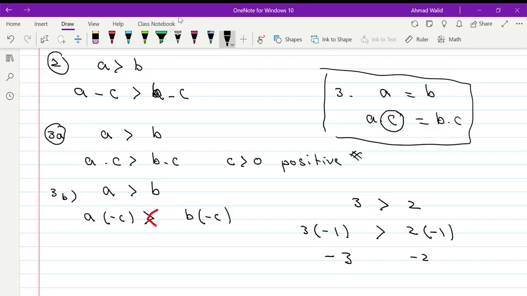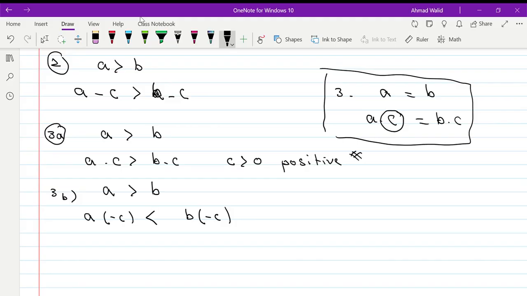Is negative 3 greater than negative 2? Wrong. So when you multiply an inequality with a negative number, multiply both sides with the same number, but flip the sign like this.